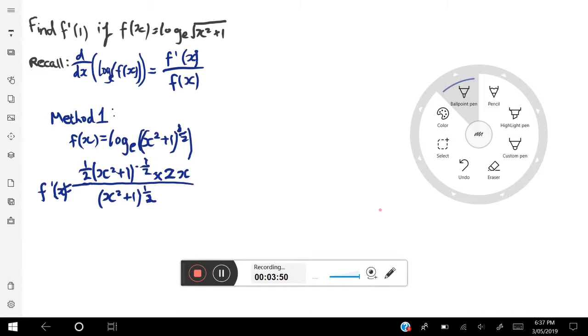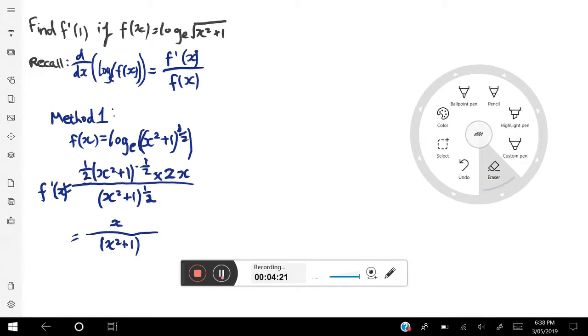That looks kind of bad, so we can rewrite that. A half times 2 is just 1. And then x squared plus 1 to the power of a half is the same as just putting that in the denominator. So we get x over x squared plus 1.